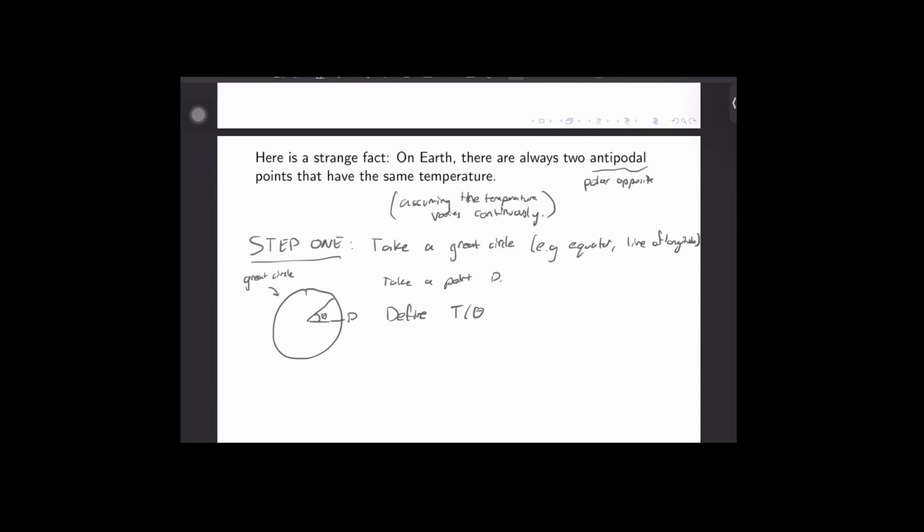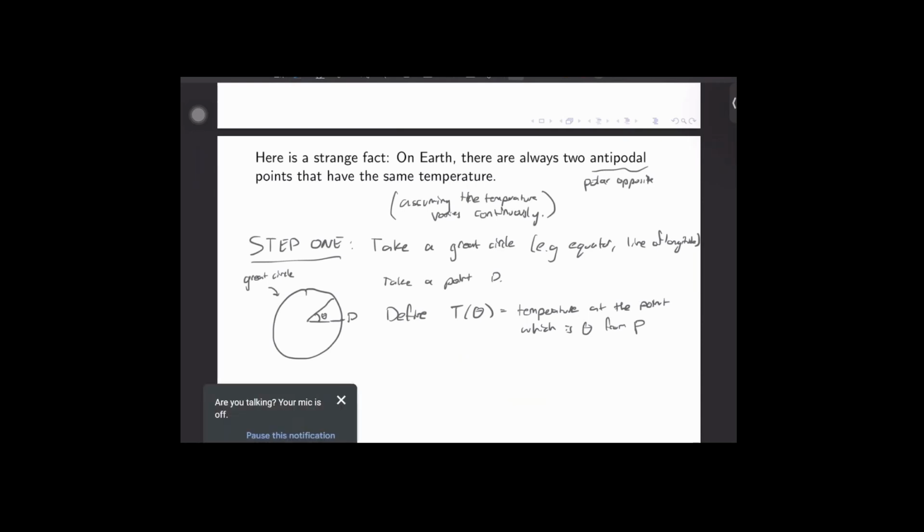So I'm going to define T of theta to be the temperature at the point which is theta from P.